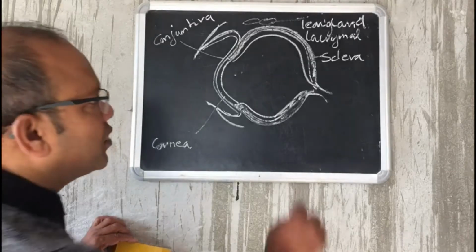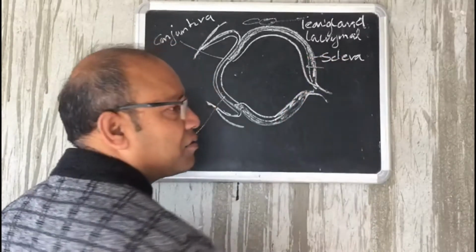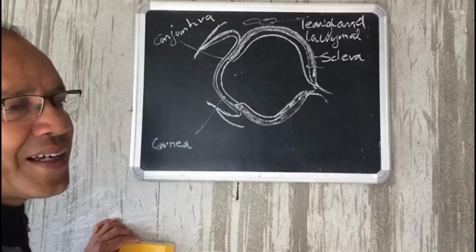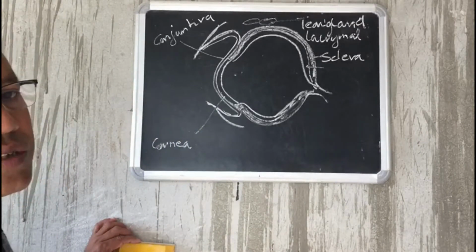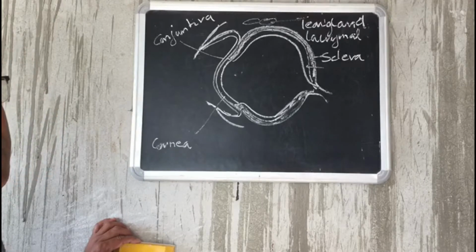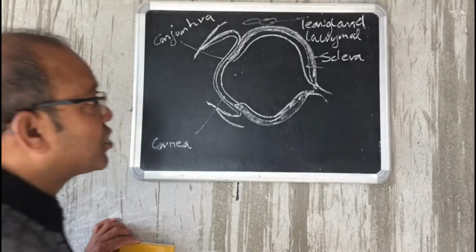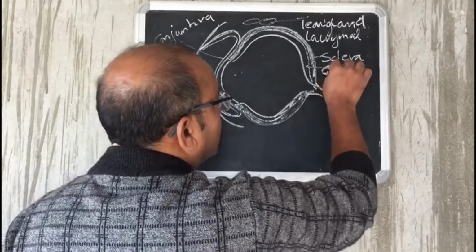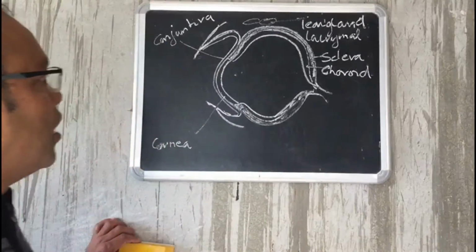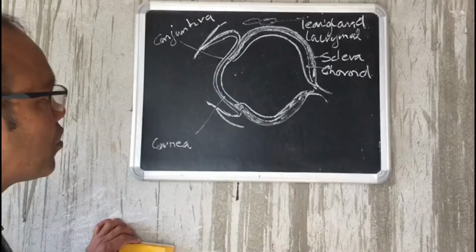This choroid is richly supplied with blood vessels because the eye is also a living structure. It requires a supply of nutrients and oxygen. This is called the choroid. The second layer is the choroid.